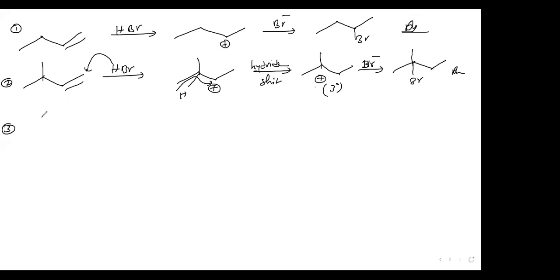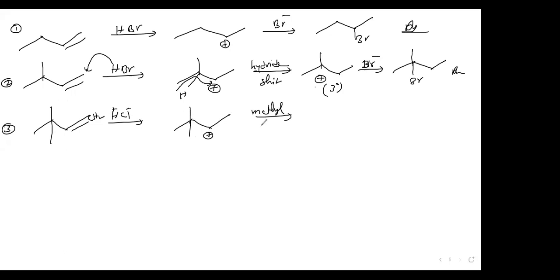Chalo. Next, let us make another question. In this case, make it HBr or HCl. So you will be getting a carbocation. The hydrogen joins over here, on the carbon with more hydrogens. Now in this case, what do we expect?